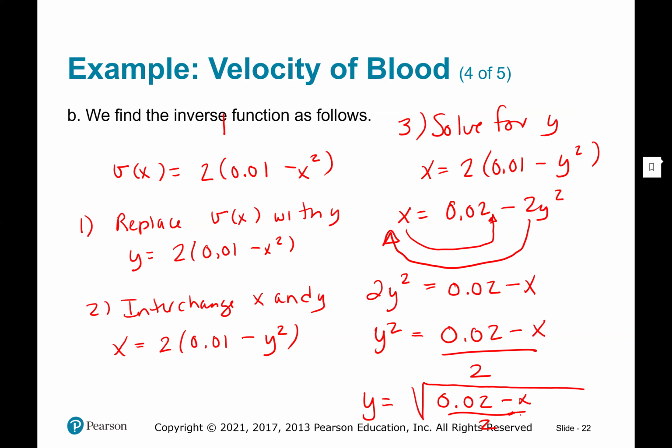They interchange each other. So if they interchange each other and this function y is now a distance, it's the distance we are from the center of this artery. Since it's a distance, it has to be positive. So you don't have to put the plus or minus in front of it.